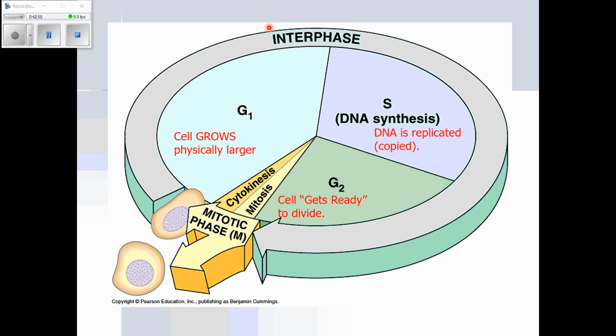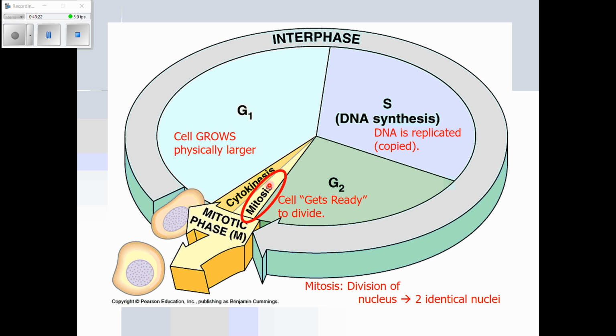If it's a stomach cell, it's busy making acids and digestive enzymes. It's doing its normal job. But in the meantime, while it's doing all of those normal activities, it's also growing, copying its DNA, and getting ready to divide.